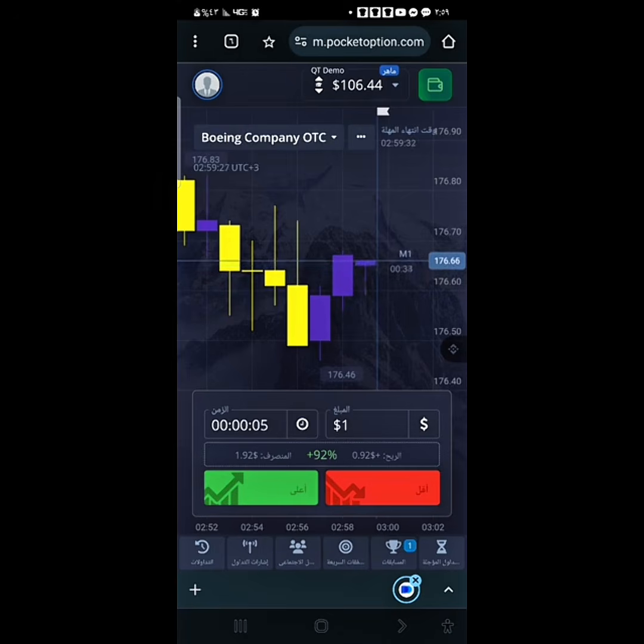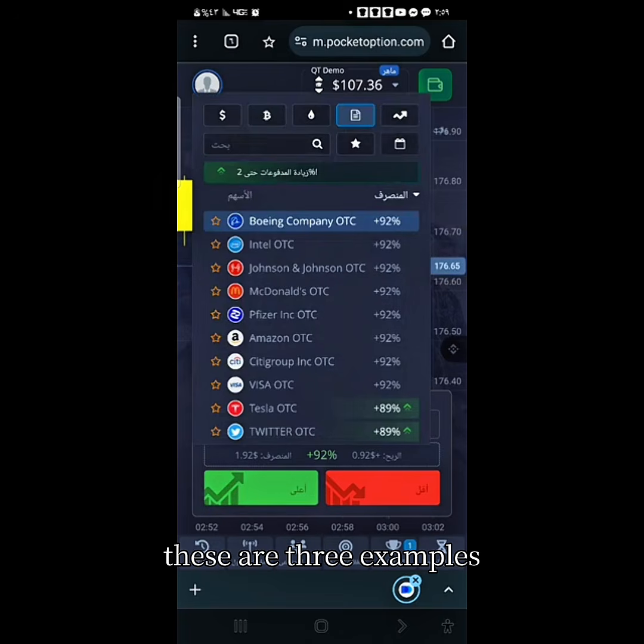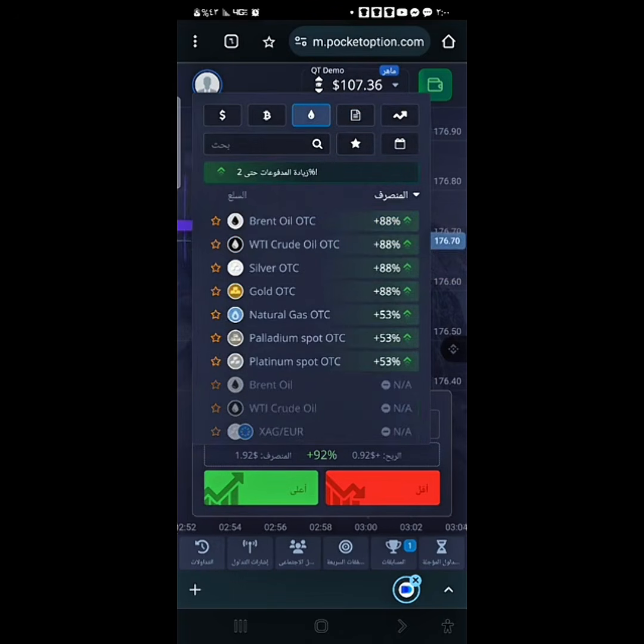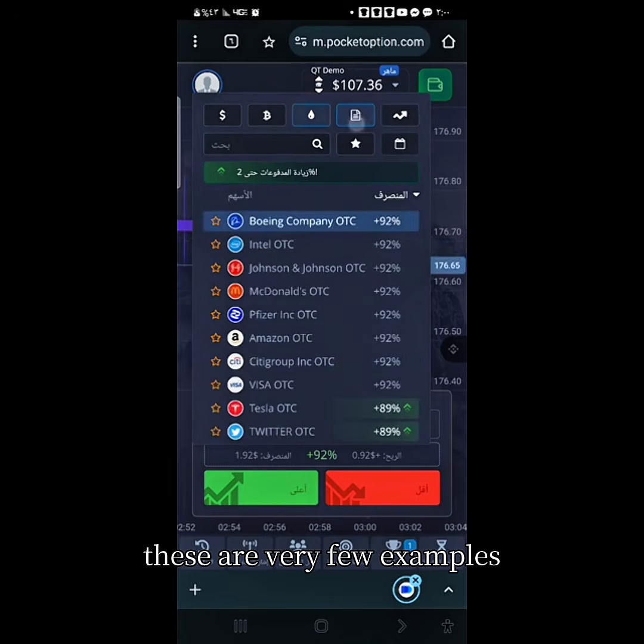It was a rise. 5 units for the internet. These are 3 examples. These are very few examples.